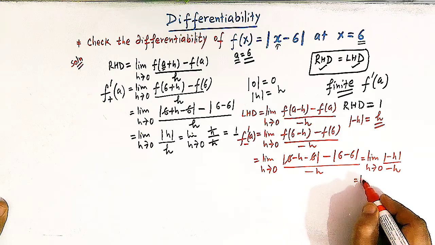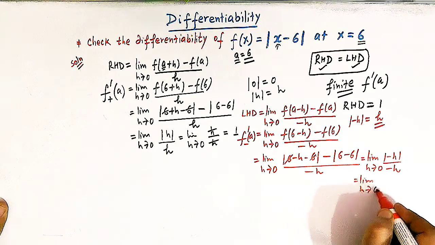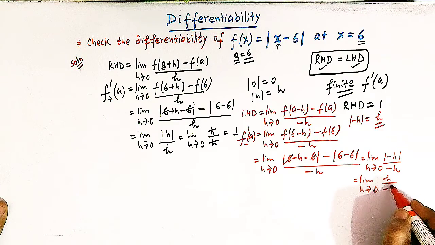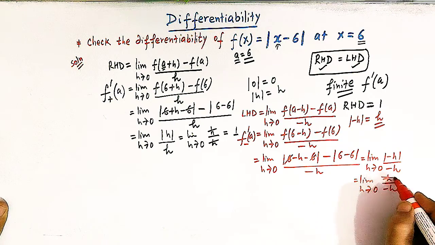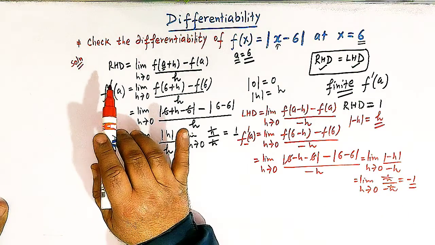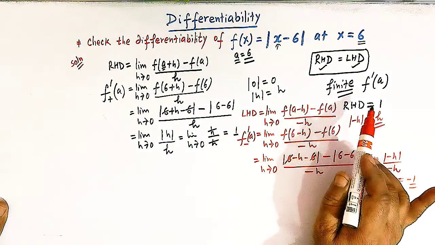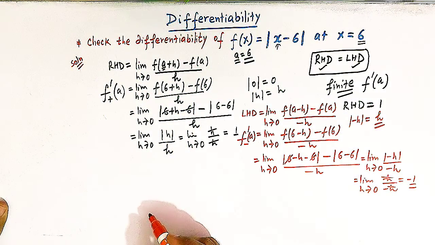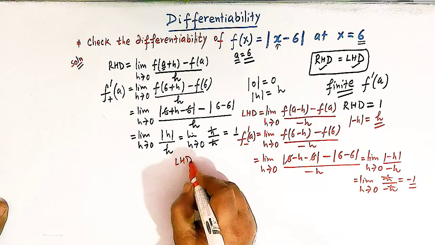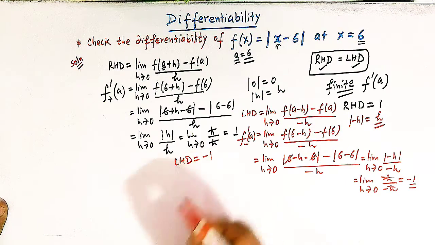So we have limit h tends to 0 of h over minus h. So h and h get cancelled, and we are left with minus 1. So the left hand derivative of this function f of x at x equal to 6 is given by minus 1.